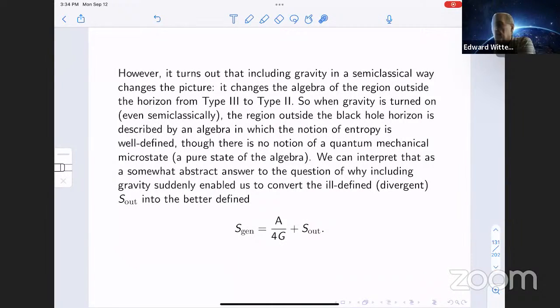We can interpret that as a somewhat abstract answer to the question of why including gravity enabled us to convert the ill-defined S out into the better-defined generalized entropy. Turning on gravity turned a type 3 algebra, where entropy is not a natural notion, into a type 2 algebra, where entropy is well-defined.